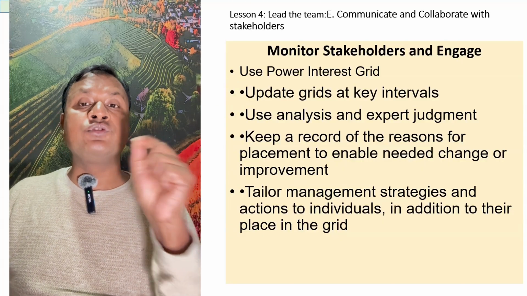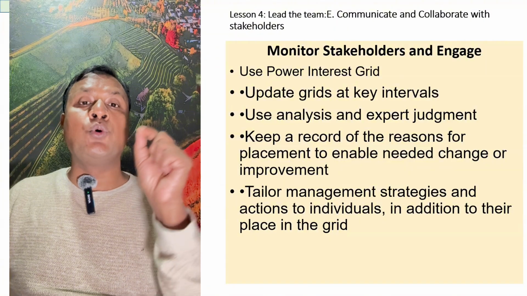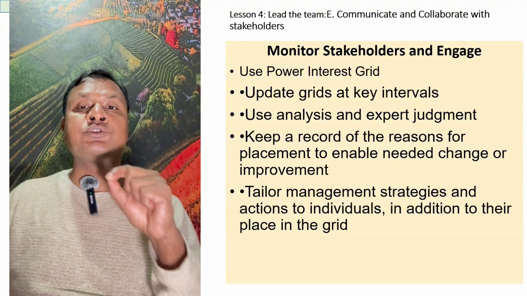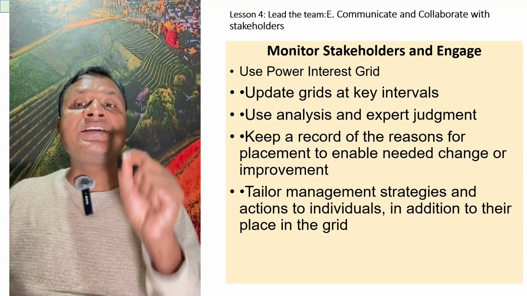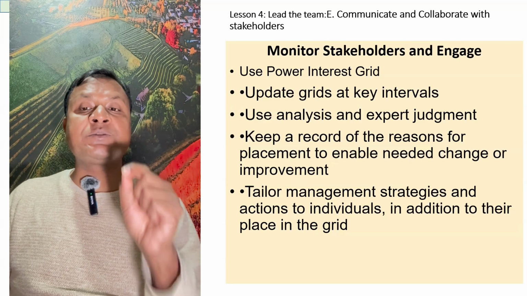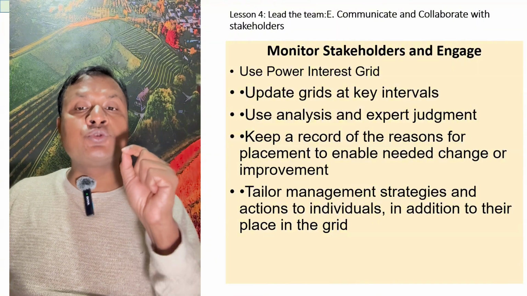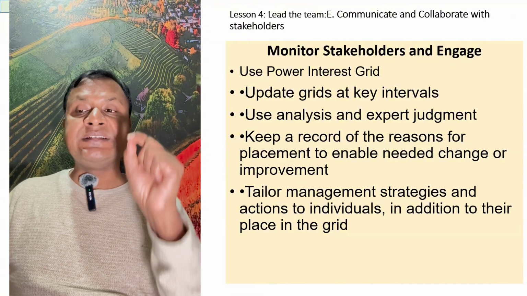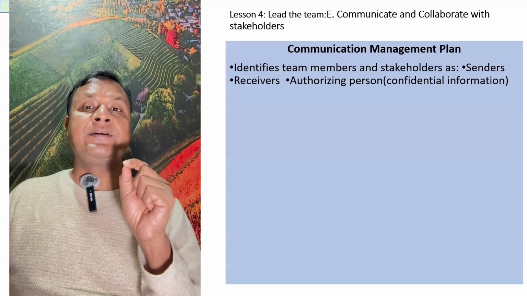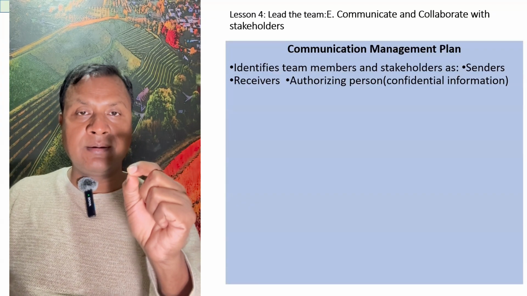Who is powerful, who is less powerful, who is informed, who has more role, who is accountable, who is responsible. In this way, use analysis and expert judgment, and keep a record of the reasons for placement to enable needed change or improvement. We should also tailor management strategies and actions to individuals in addition to their place in the grid. So we should make a communication management plan.